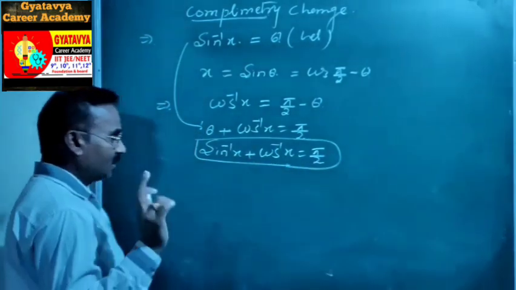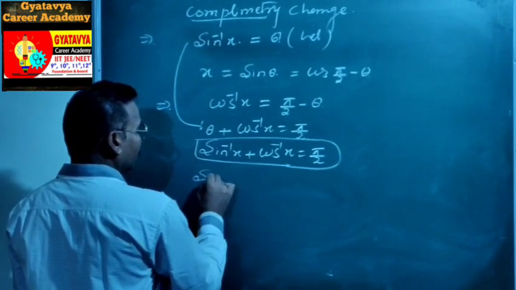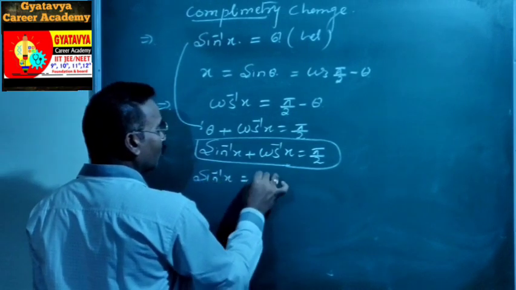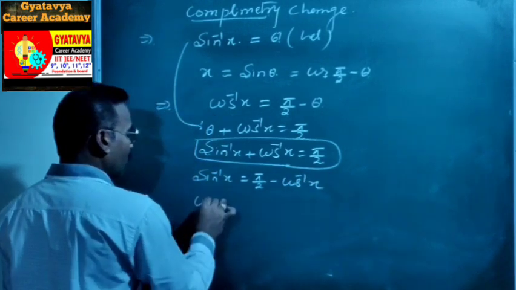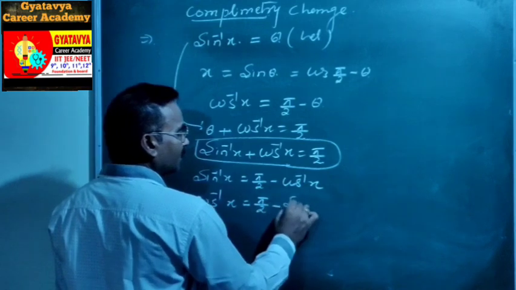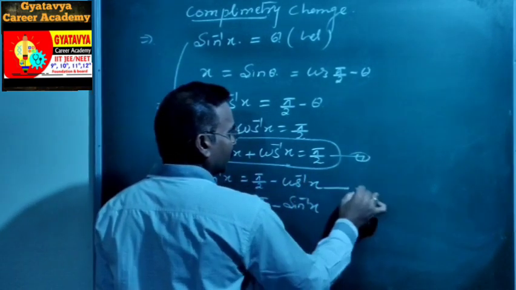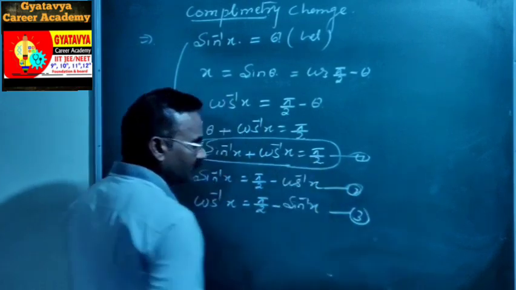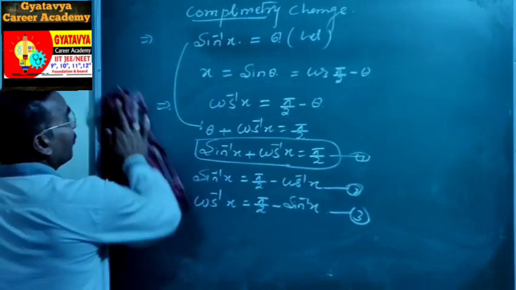And there are two more relations from it. First, sine inverse x is equal to pi by 2 minus cos inverse x, and cos inverse x is equal to pi by 2 minus sine inverse x. There are two more pairs that give the same result.